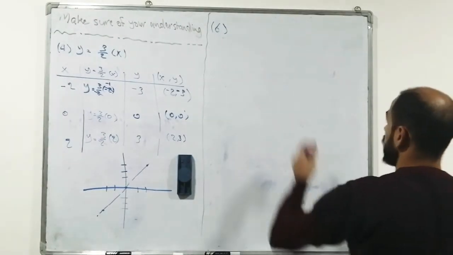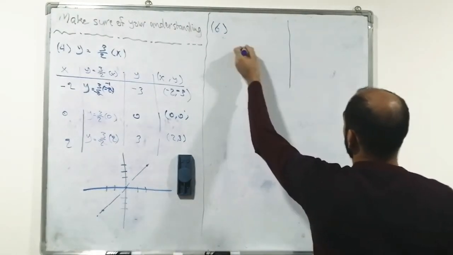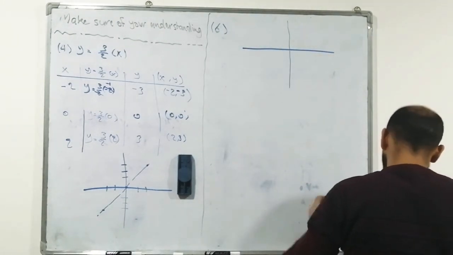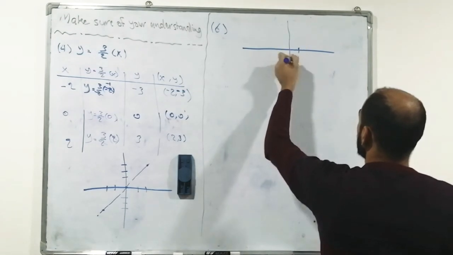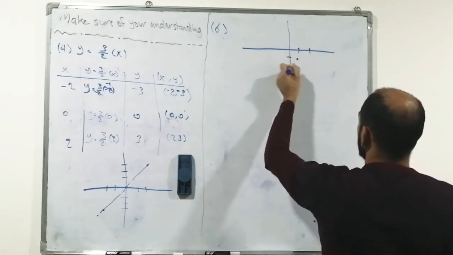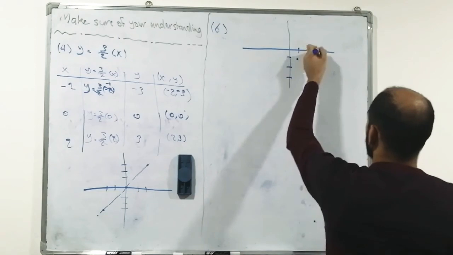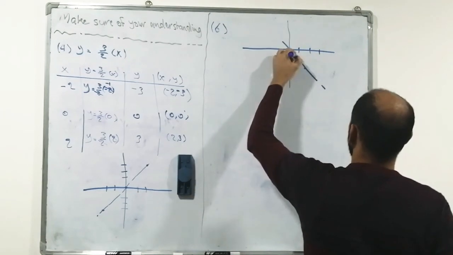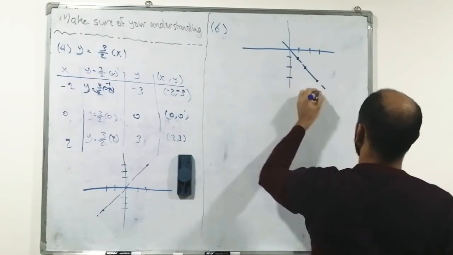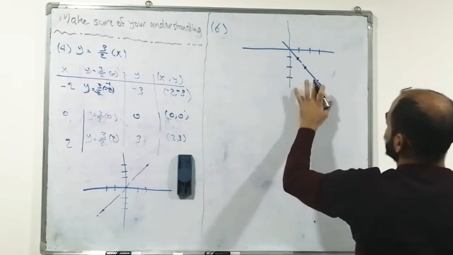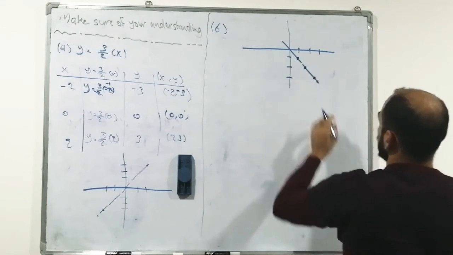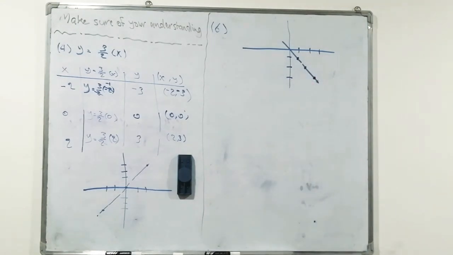In this question he gave me this coordinate plane, with the first point, the second one, and the third one. This is the sketch of the linear function, and we have to find the linear function.